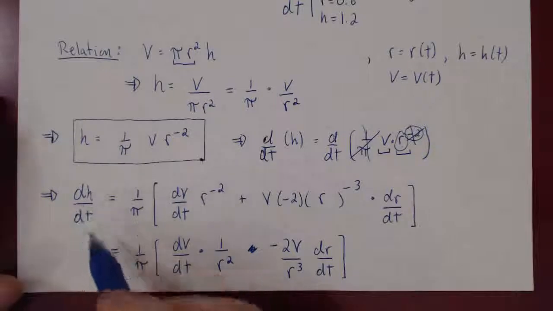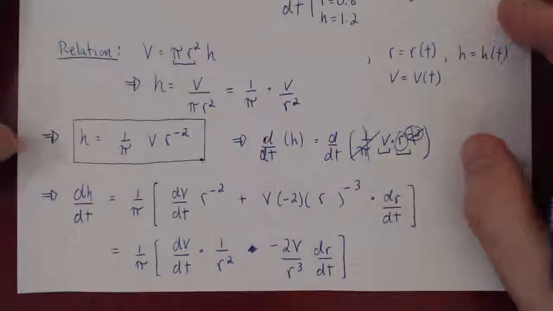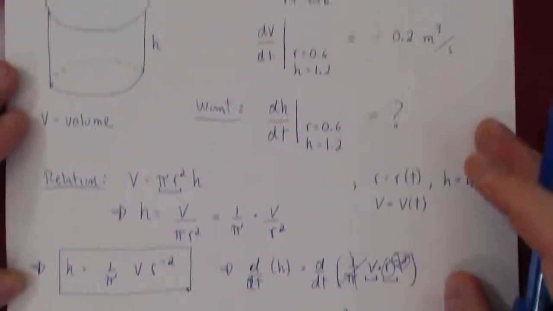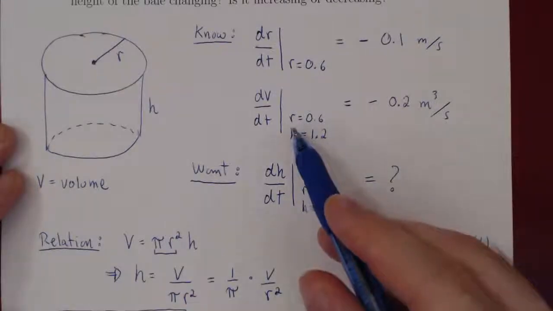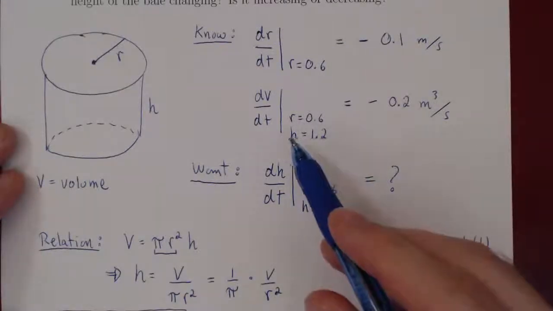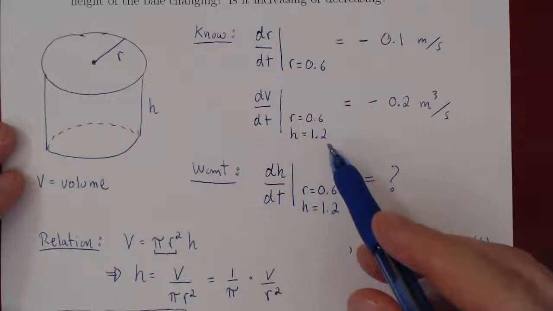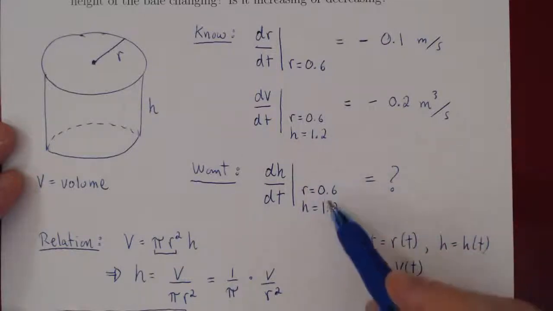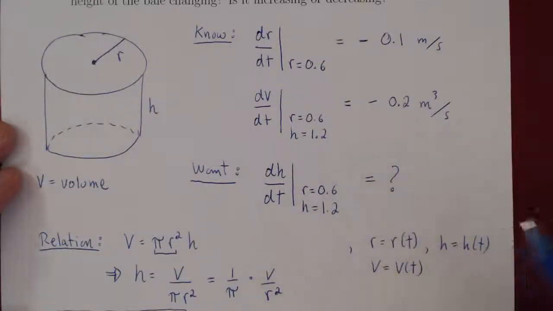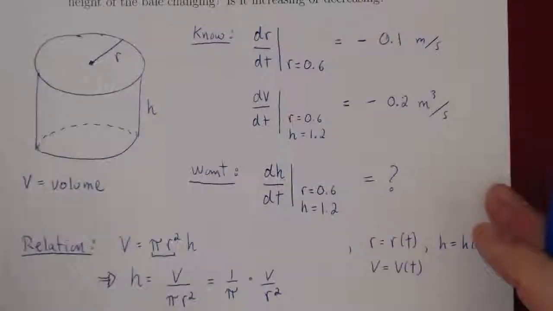Now, we have dh over dt, but remember, we wanted dh over dt specifically when r was equal to 0.6 meters and h was equal to 1.2 meters, right? So let's evaluate now. We'll move on to another page.